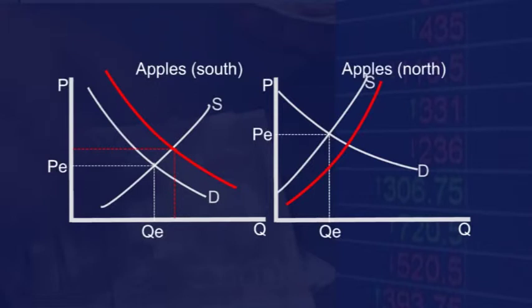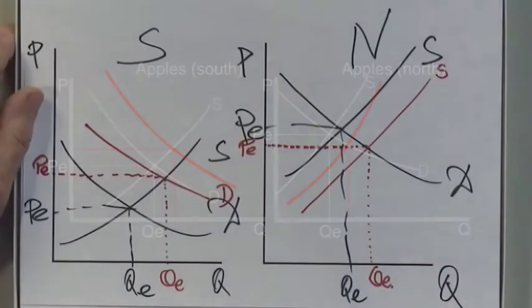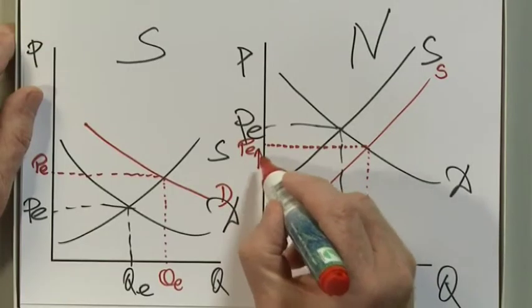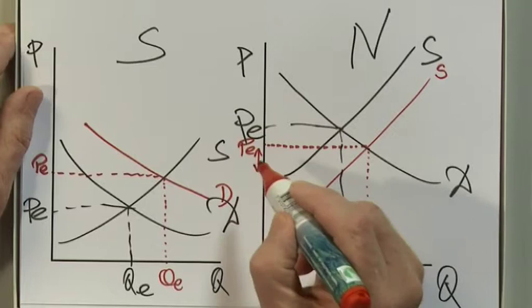The equilibrium price falls. The price in the north is lower than it would be in the absence of arbitrage, and the equilibrium quantity is higher. Equilibrium quantity is higher in both markets because these apples are being traded. They're being bought in the south and resold in the north. And so the effect of arbitrage is to reduce the price differential in the two markets.